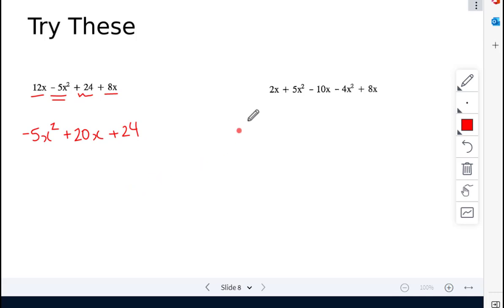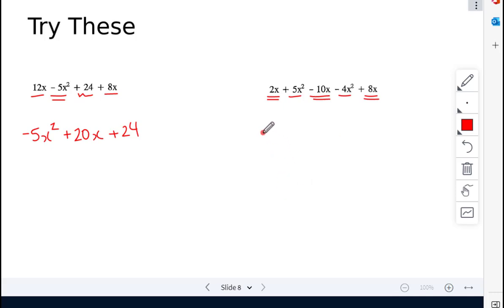All right, looking at this one here, so collecting like terms, I have 2x and negative 10x and positive 8x that I can collect together, and then I have 5x squared minus 4x squared.